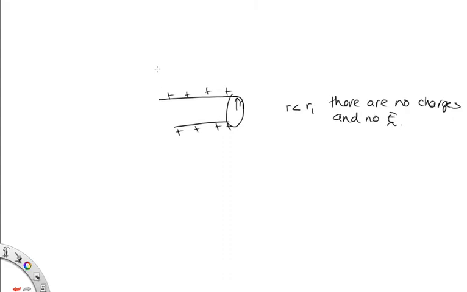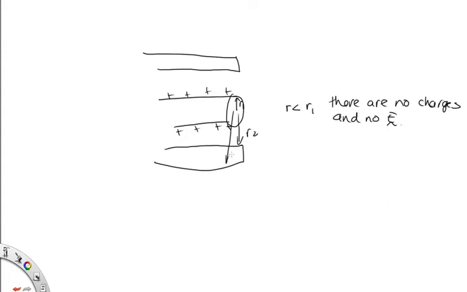And then let's imagine that we surrounded this conducting wire by a coaxial cable with radius R2, and here's radius R3. Now, we said last time that inside a conductor there's no electric field.